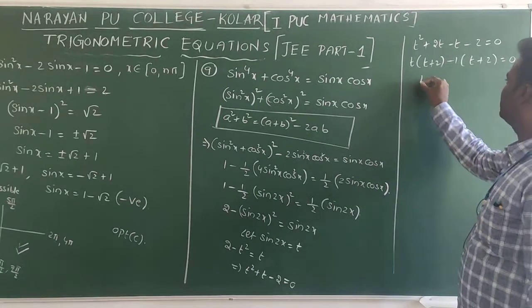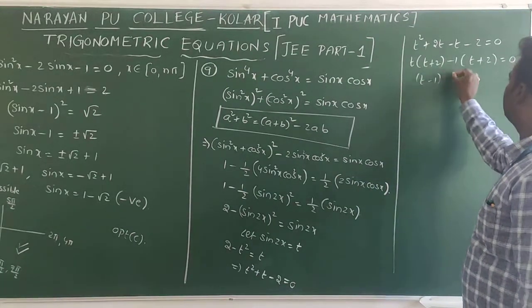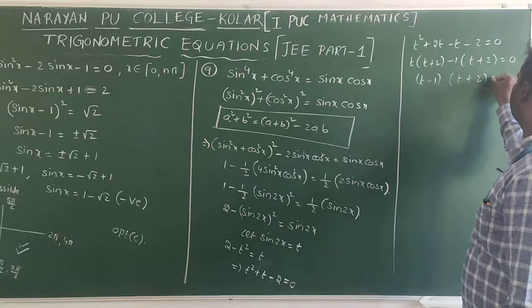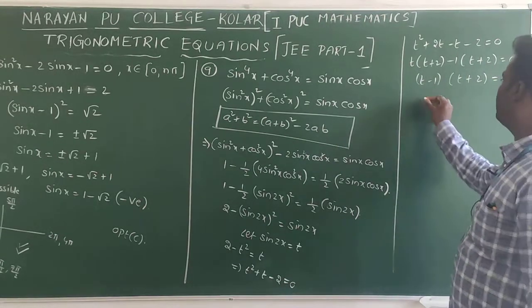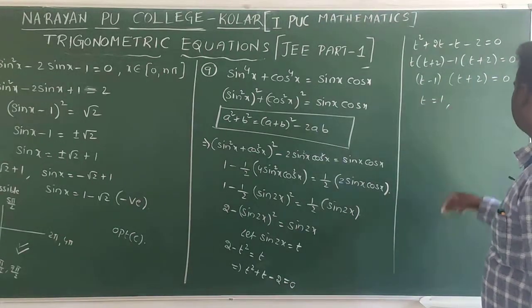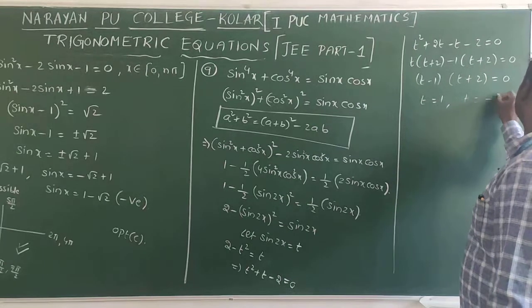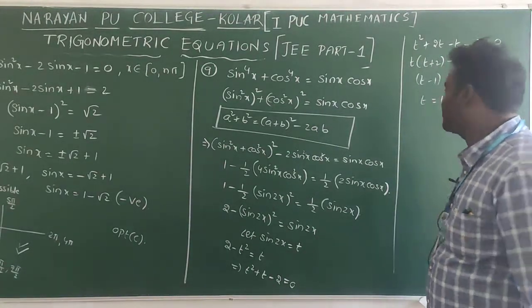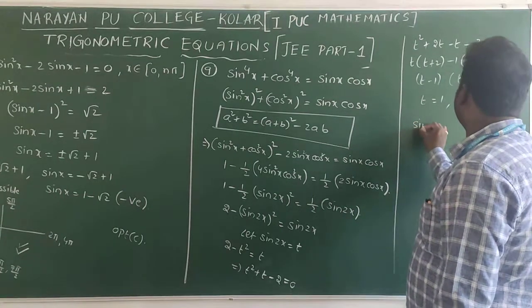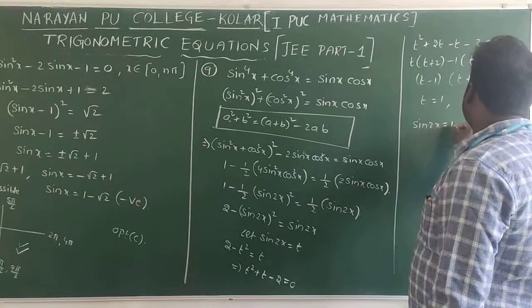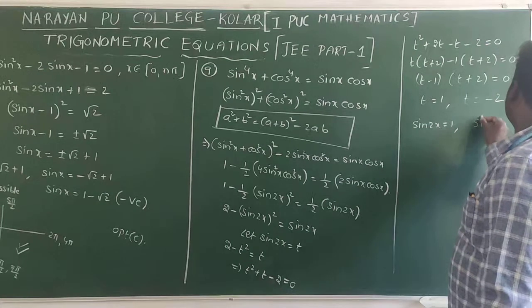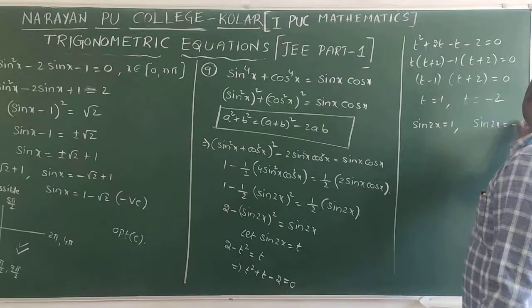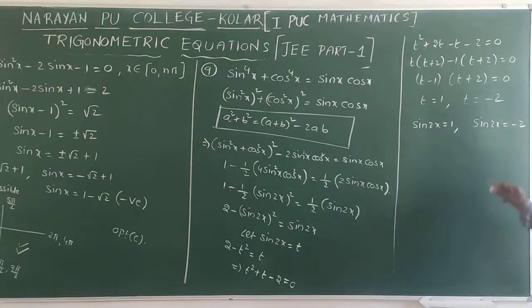Now you will get t minus 1 into t plus 2 is equal to 0. Finally you get t value is 1, t value is minus 2. But t value, already we took, that is sin 2x. Sin 2x is 1, sin 2x is minus 2. But this is not possible.